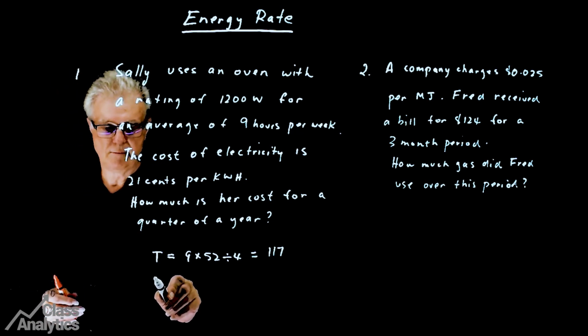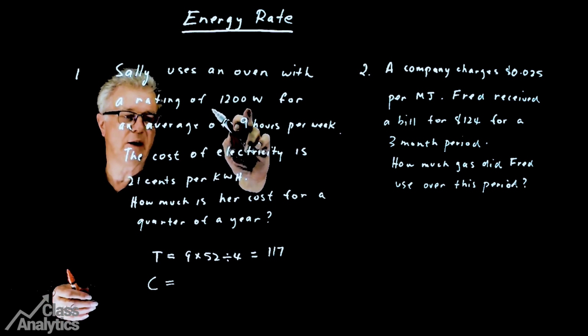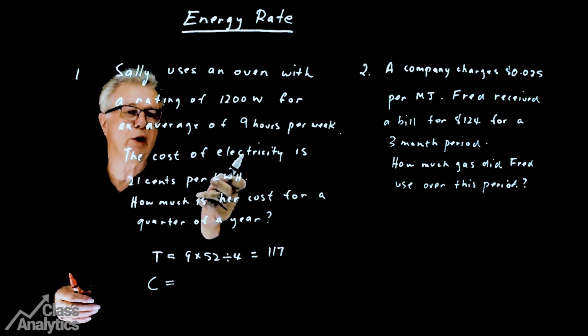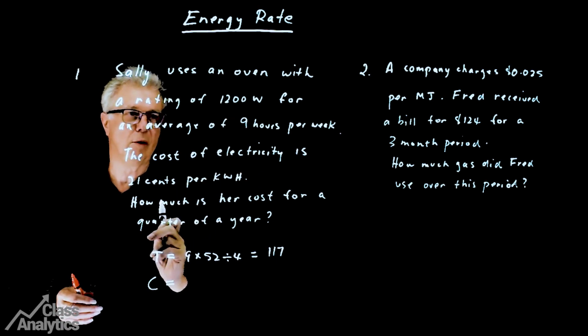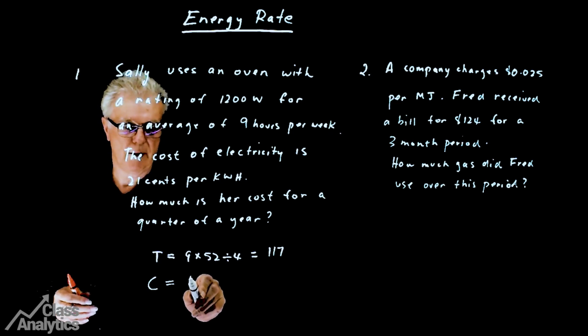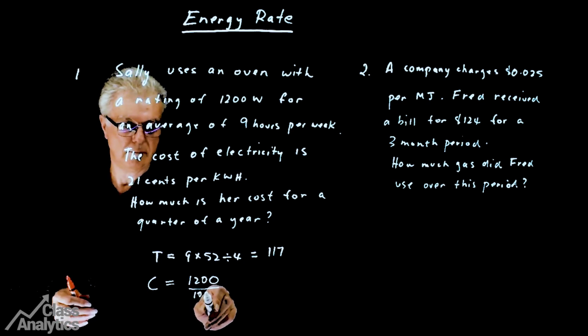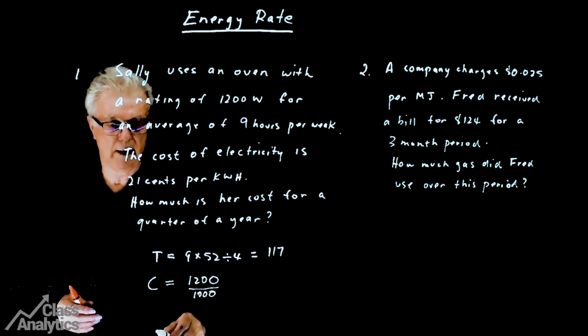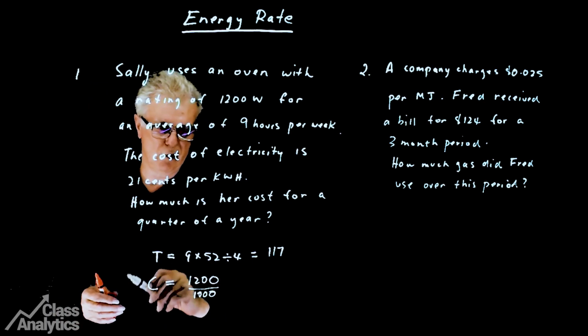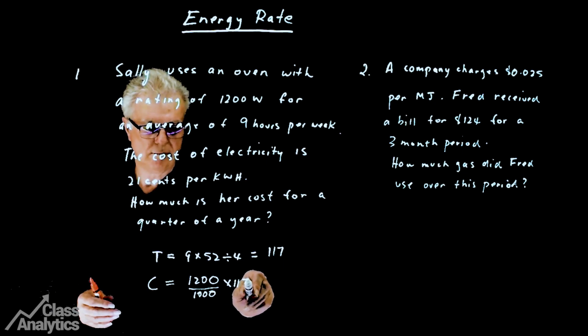Now the cost will be equal to, we have to change this into kilowatts because it's 21 cents per kilowatt hour, not watts, right? So change that into kilowatts by dividing that by 1,000. So that would be 1.2 kilowatts, and we multiply that by the hours.